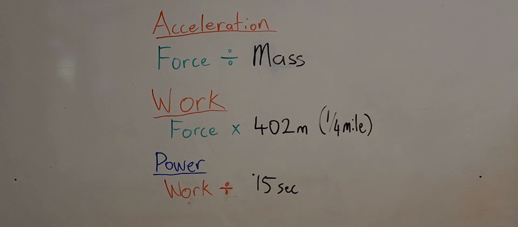To decrease the time frame in which the quarter mile can be done, we need to increase the work rate, and if we go up to our work formula, the distance is set, so the only way to decrease the time frame that we can complete our quarter mile time is to increase the force.